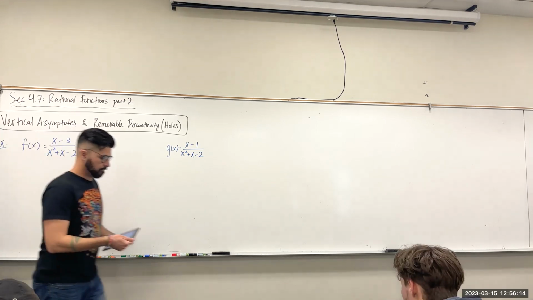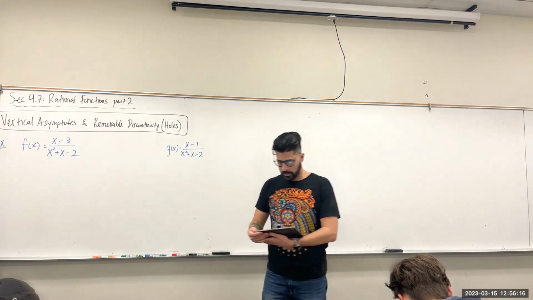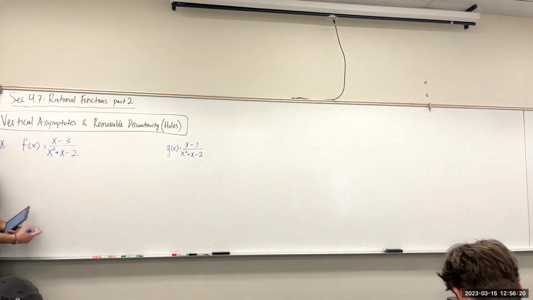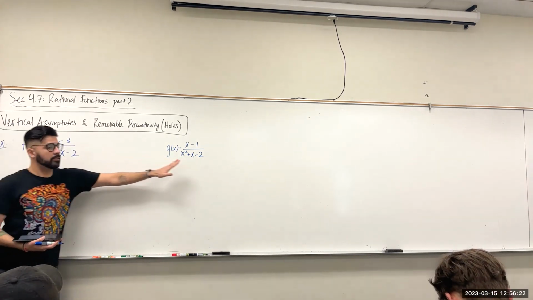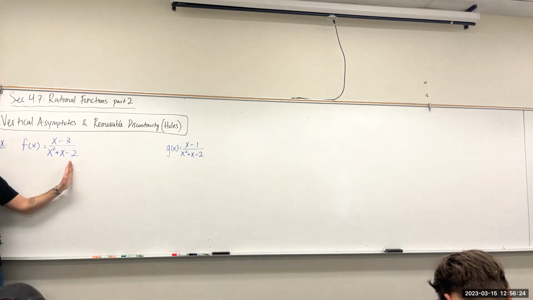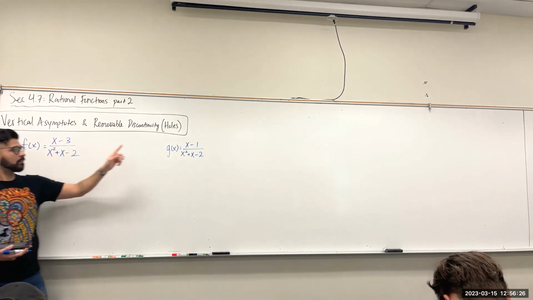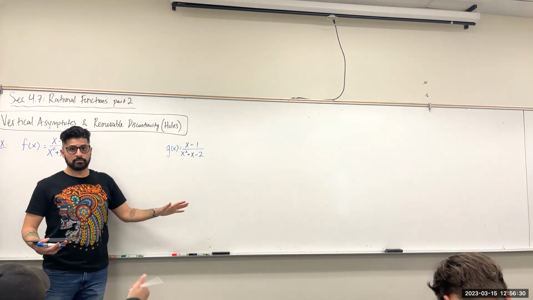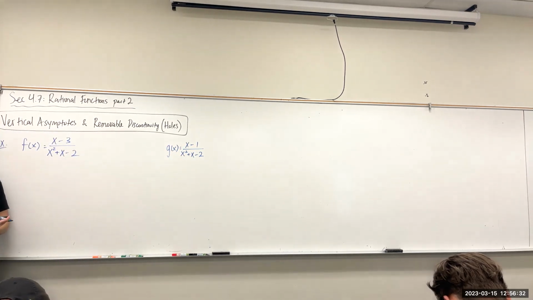Notice they look almost exactly the same. One has a minus 3 on top, one has a minus 1 on top. Turns out the graphs look totally different. Even with just that small change, we're going to see why.